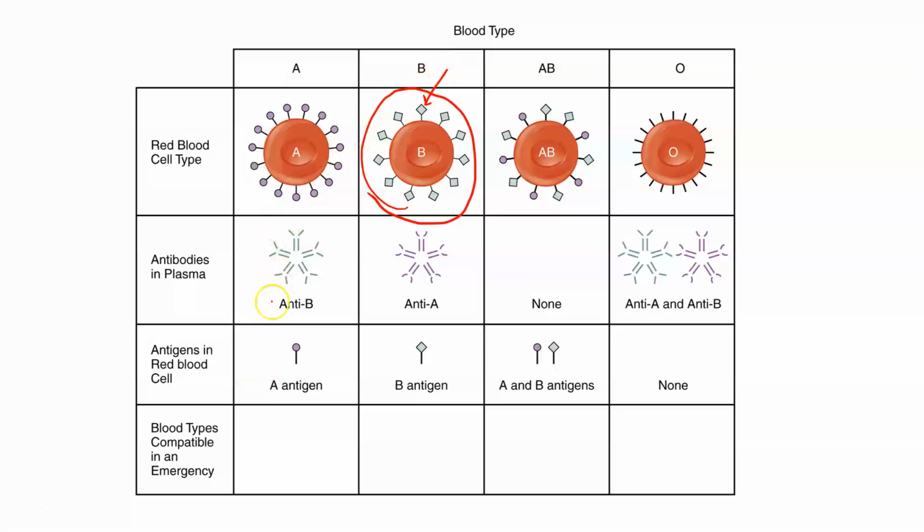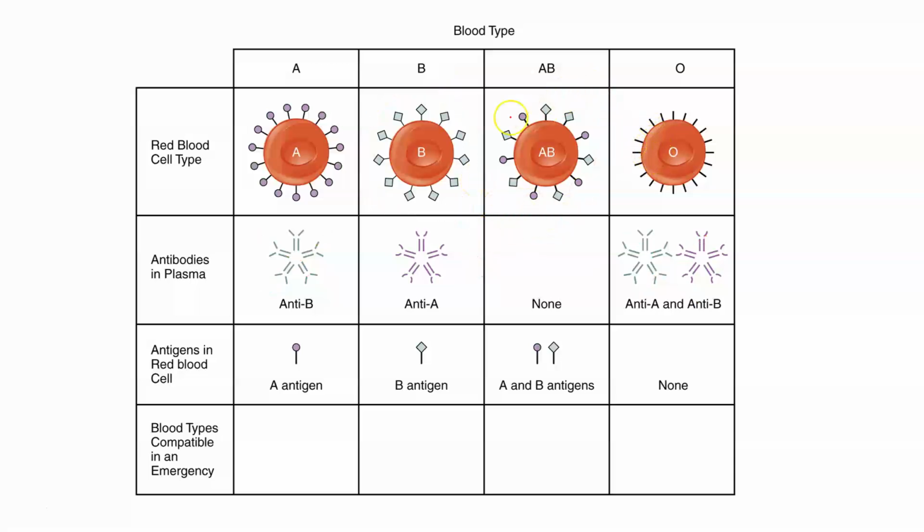So that means type A is out because they've got an anti-B antibody. I could give my blood to type AB if I wanted to, and I could not give my blood to type O because they also have an anti-B antibody. So I could give my blood to anybody that has type B, or I could give my blood to anybody that has type AB.